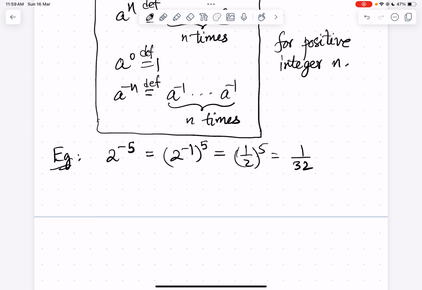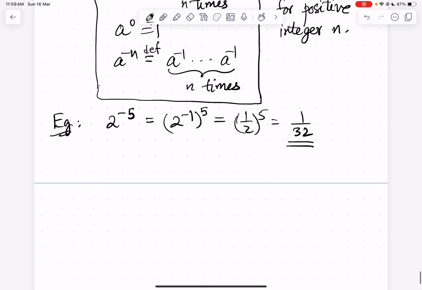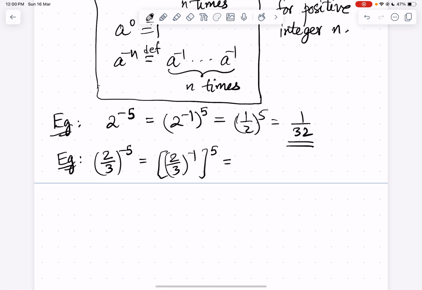Another example, 2 by 3 power minus 5 is the multiplicative inverse of 2 by 3 multiplied 5 times with itself. So this is 3 by 2 power 5, which is 243 by 32.